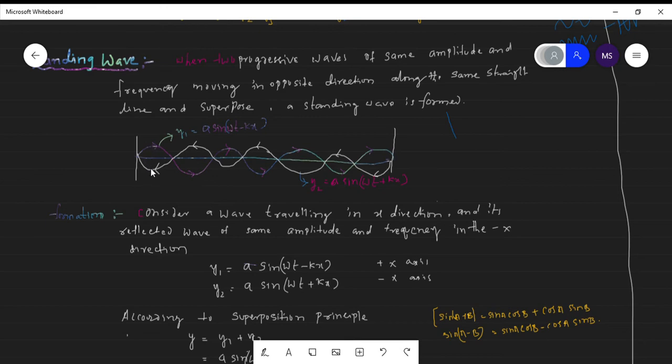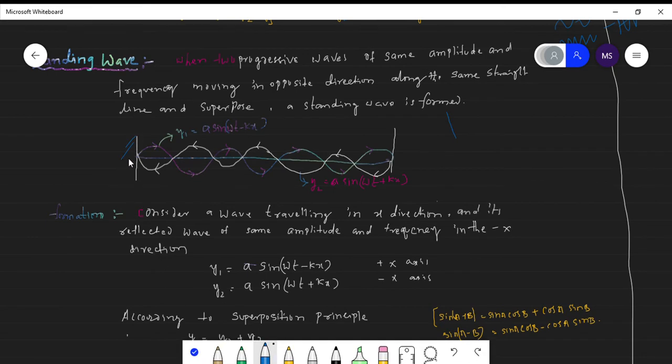The amplitude of both waves is the same, and the frequency of both waves is the same. Why? Because in between these two boundaries, how many waves exist? Here one complete wave, 2, 3, 3.5, and 1, 2, 3, 3.5. Therefore, the frequency of both waves is the same and the amplitude of both waves is the same.